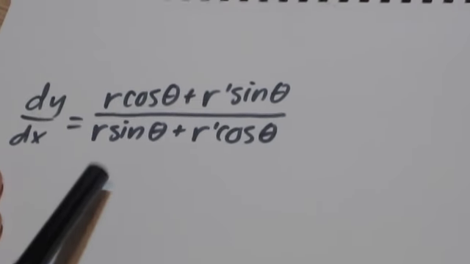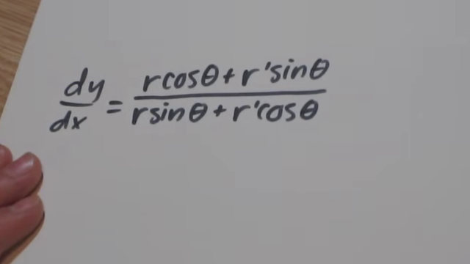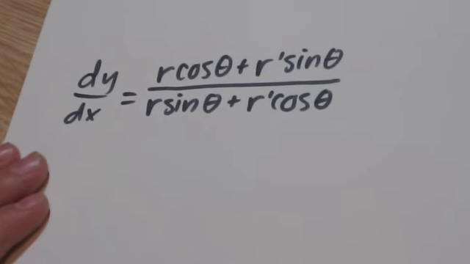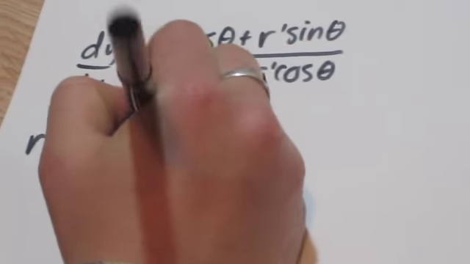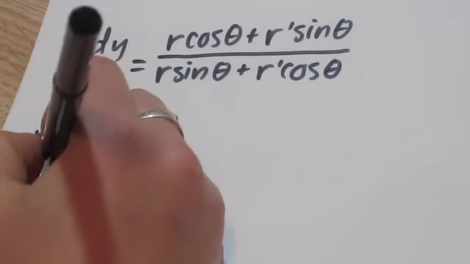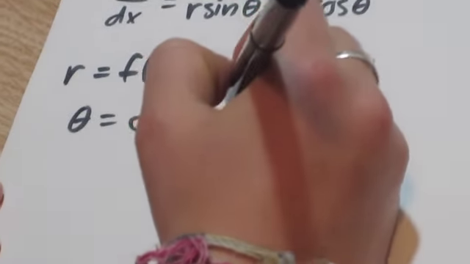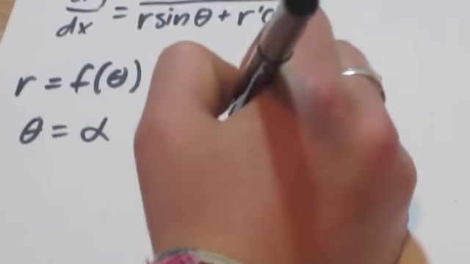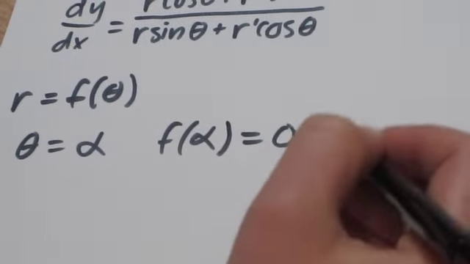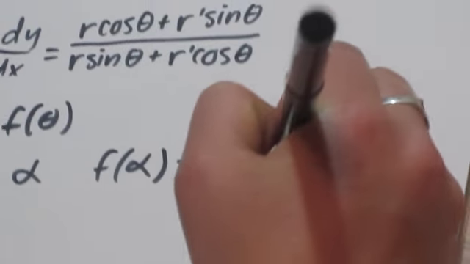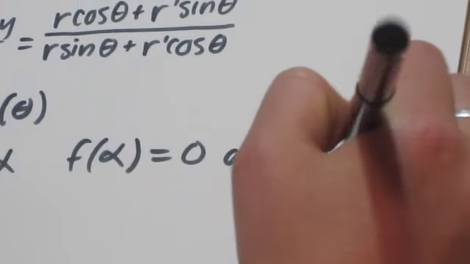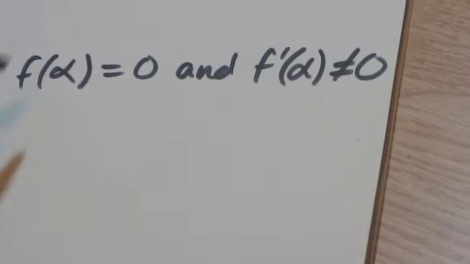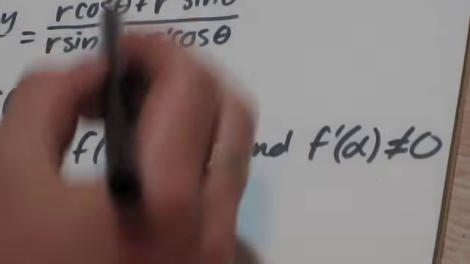From this equation that we found earlier, we know something important about the graph of r equals f of theta when it passes through the pole. When theta equals alpha, some angle alpha, and f of alpha equals 0 because it's passed through the pole, and f prime of alpha does not equal 0, then we know that this equals 0, right?